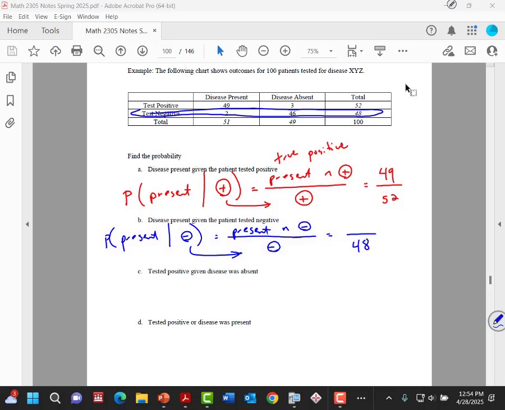And of these 48, how many was the disease present? That would be 2. So 2 out of 48. This is disease present given that the patient tested negative. We would call this right here a false negative.